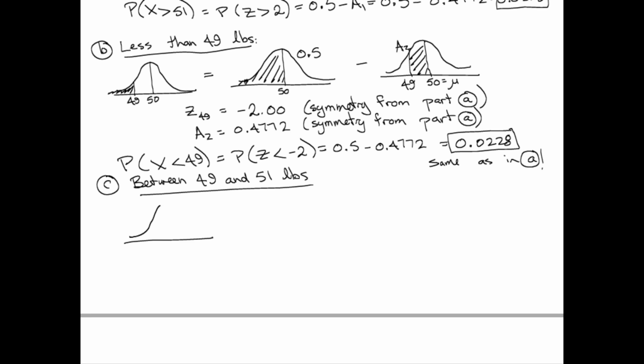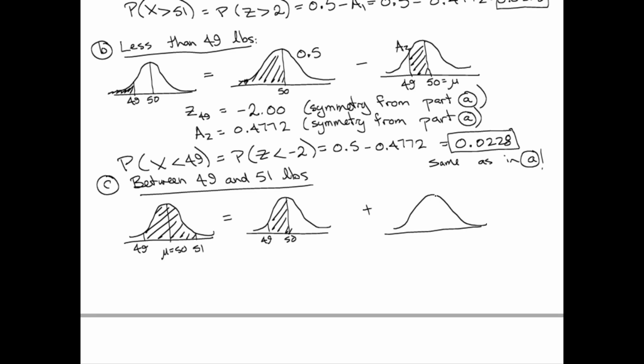So between 49 and 51 pounds, my mu is 50. So 1 unit to the right, then 1 unit to the left. So we want this area in between. And this is going to be equal to this one plus this one.